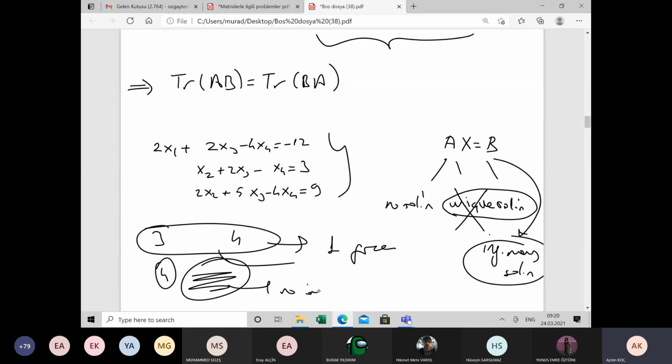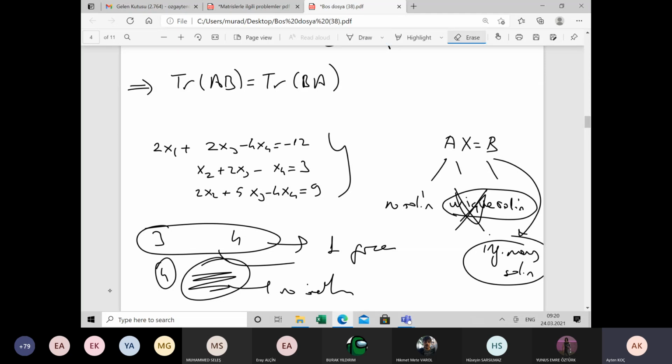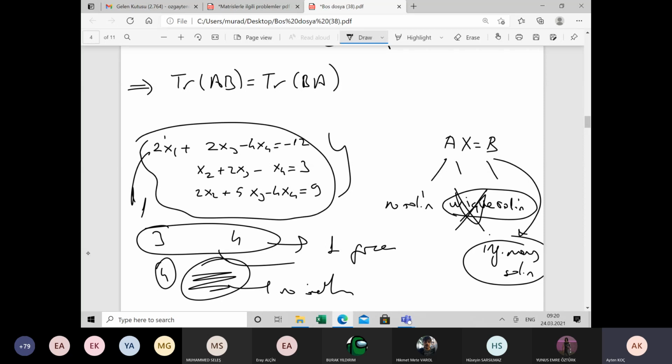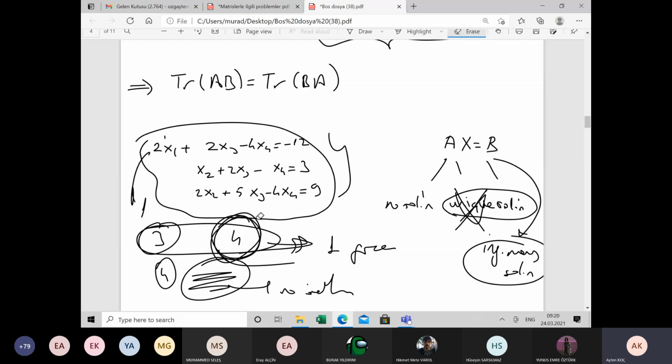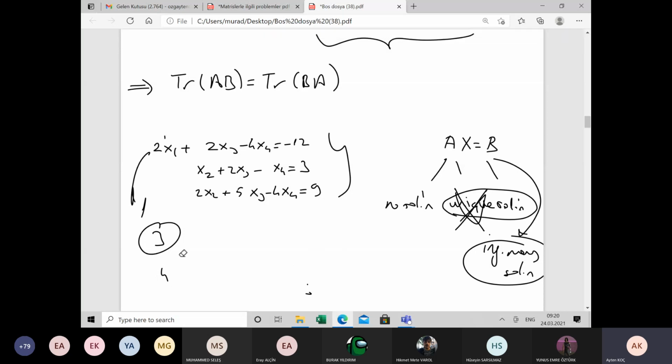A unique solution is not possible for this system. The reason is that every equation has one leading one, so the number of leading ones is 3, but the number of unknowns is 4, so at least one free variable. If we get a zero row, we maybe have 2 free variables. Maybe we get a contradiction, so the system has no solution.